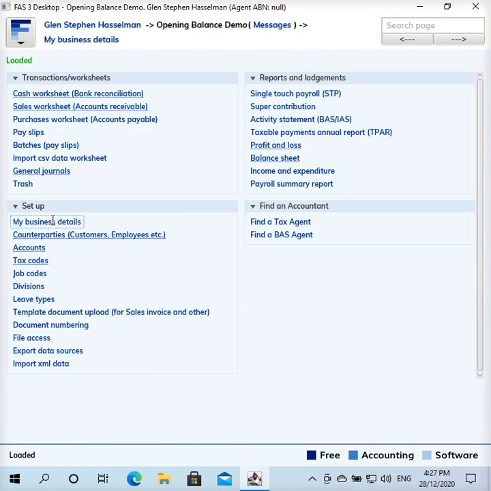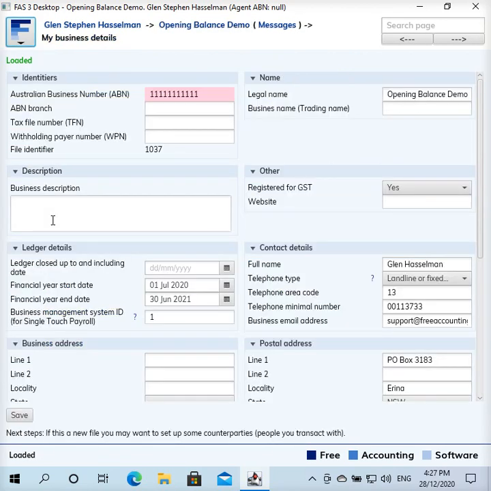Okay, one other thing to show you is on the My Business Details page. You'll have your proper ABN and branch, but the thing I want to show you here is financial year start date and financial year end date. I've set it to the 2021 financial year, from 1 July 2020 to 30 June 2021.